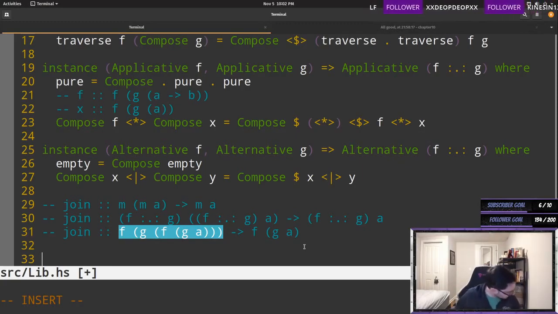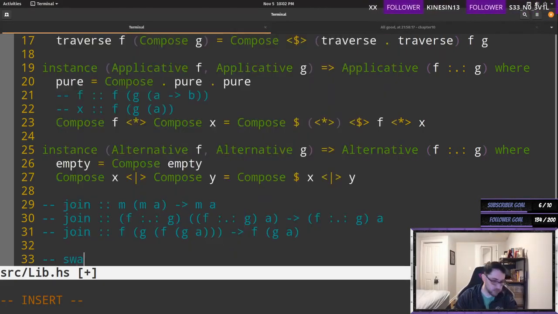Alright, so one way to work around this problem is to provide a function that swaps the middle layers. So we could write the following: GFA, FGA sequence. This way we can first turn FGFGA into FFGGA.